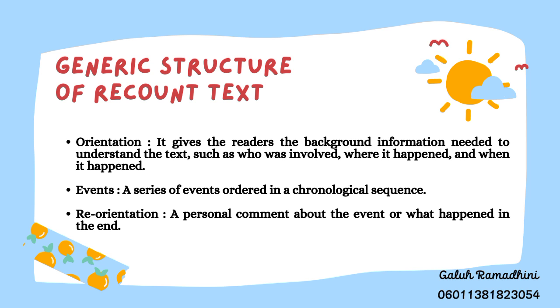And the second structure is event, a series of events ordered in a chronological sequence. So it is written by what happened first, and then what happened next, and what happened after the next event, and something like that. And the last is reorientation. It's a personal comment about the event or what happened at the end of the story.